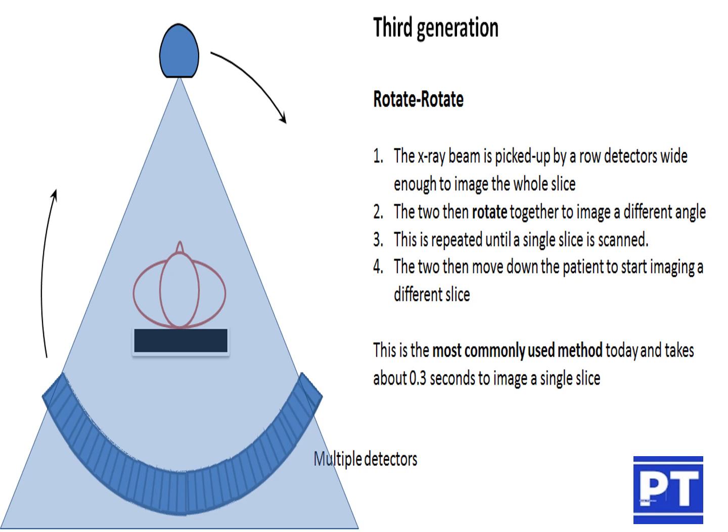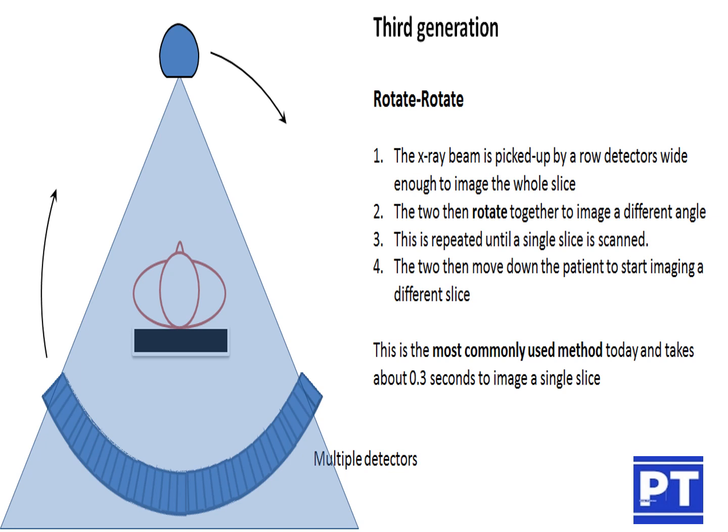You can see a patient lying on the couch. This is the X-ray tube, and below you can see the detectors. Detectors are in the form of an arc, and the X-ray tube is covering a single slice, from this edge of the detector to this edge. You can see in this image clearly.